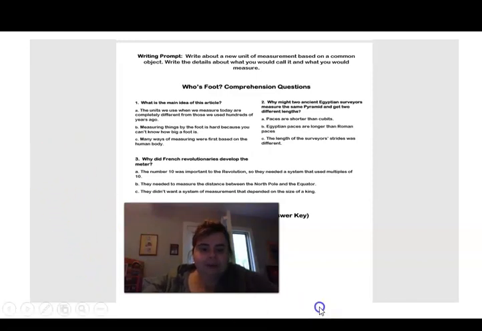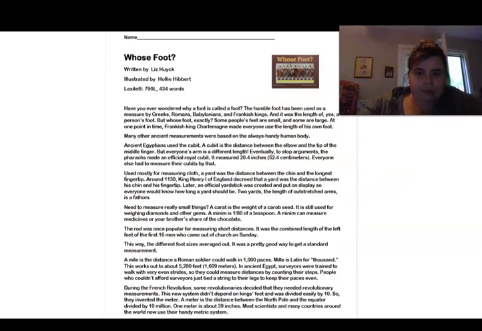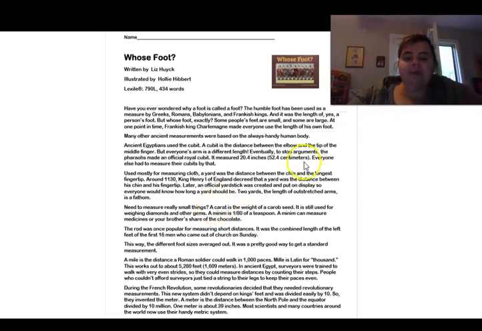If it'll let me. Oh, there we go. I'm going to look at this sentence right here. Many other ancient measurements were based on the always handy human body. I know that C is the correct answer for this comprehension question because the article talks about many ways to measure using the human body.